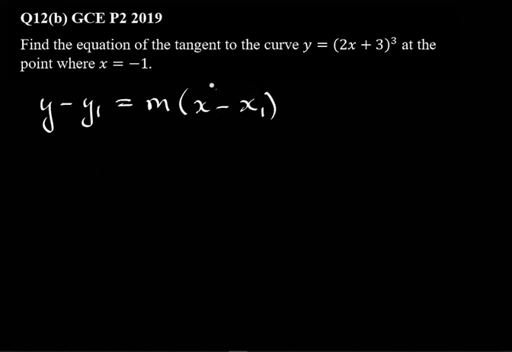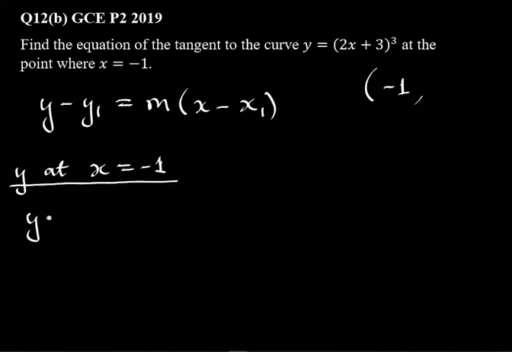We can find the value of x1, which is that -1. So we have a -1, but we don't have the value of y. That's not a problem because they've given us the equation of the curve. So in place of x, we're going to put -1. y at x is equal to -1 is what we want to find first. So (2(-1) plus 3) to the power 3.